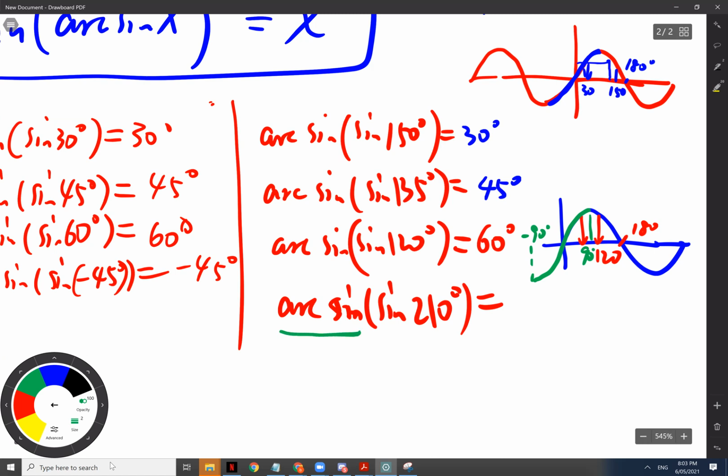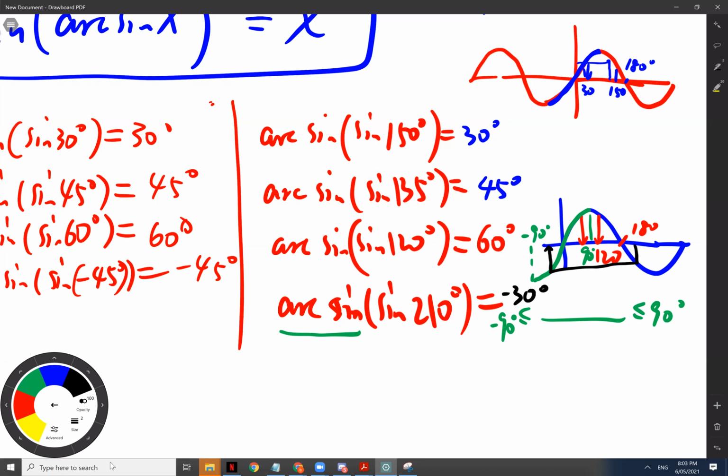Which means when you take arcsine, the answer is always between 90 and -90. Katrina, the last one was the answer -30. Excellent. Because 120 is right here, the value is the same as -30.